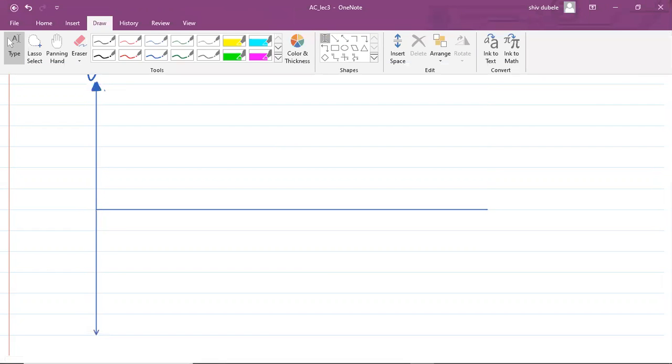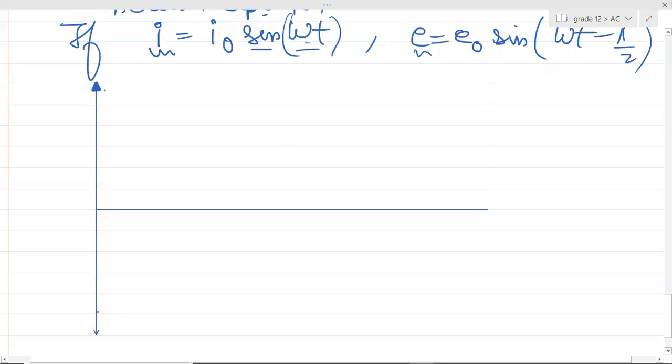So on the y-axis I'll plot whatever the current or EMF is, and on the x-axis I'll plot time.